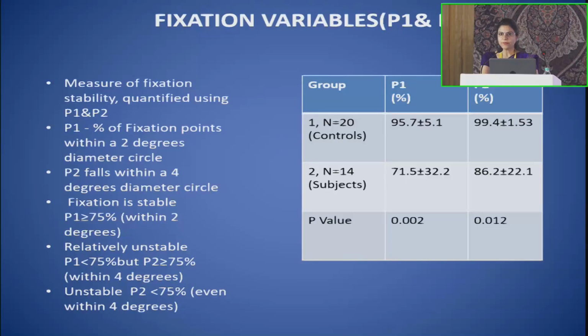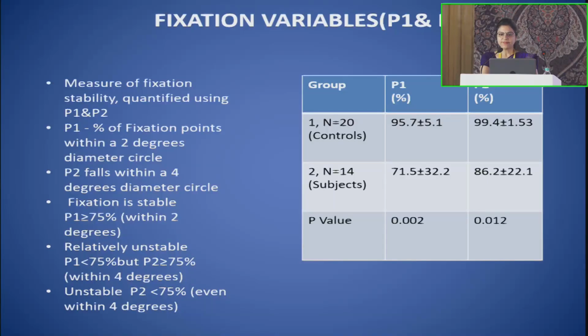Fixation variables are the measure of fixation stability. It shows how the patients are fixing with the macula. It is expressed in the P1 and P2 values, which are percentages. In controls, the P1 value was 95% compared to 71% in subjects. P1 is the percentage of fixation points within a 2-degree diameter circle positioned at the macula.